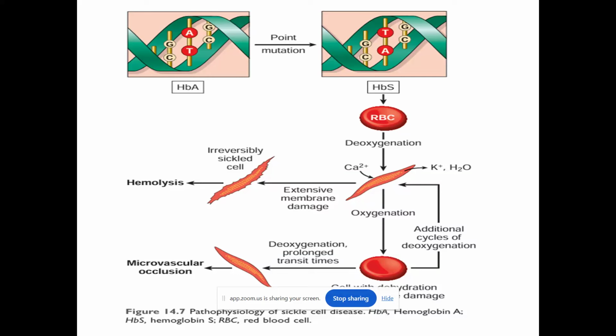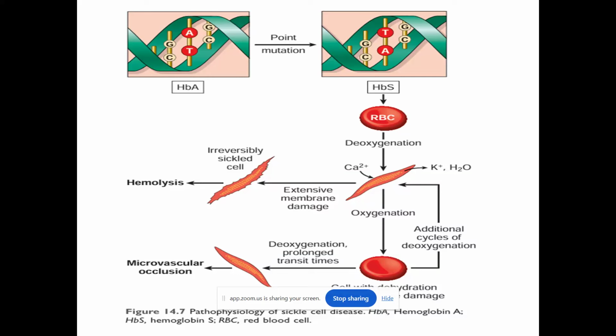When there is reoxygenation, the sickle cells will return to normal. With the continuous cycle of oxygenation and deoxygenation, permanent membrane damage will occur, which will produce irreversibly sickled cells. So these cells are abnormal cells. When they go to the reticuloendothelial system, they will be caught and they produce hemolysis.